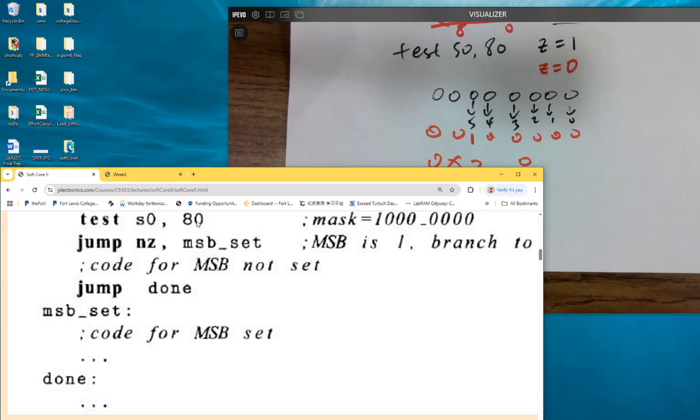Okay? So basically I'm taking it out. It's either a 1 or 0, and then I put it into the LSB of the new register, which is S2. So if it is 0, I shouldn't do anything, because the original S2, I assume, was all zeros. So just don't do anything. Just go to done, colon, nothing.